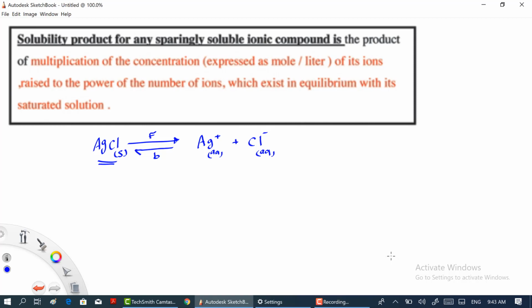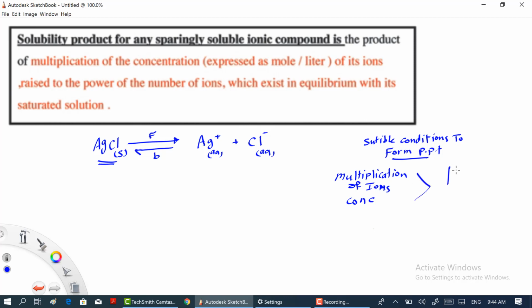What are the suitable conditions to form PbT? The multiplication of the ion concentrations is greater than the value of the Ksp, which takes place in a supersaturated solution.